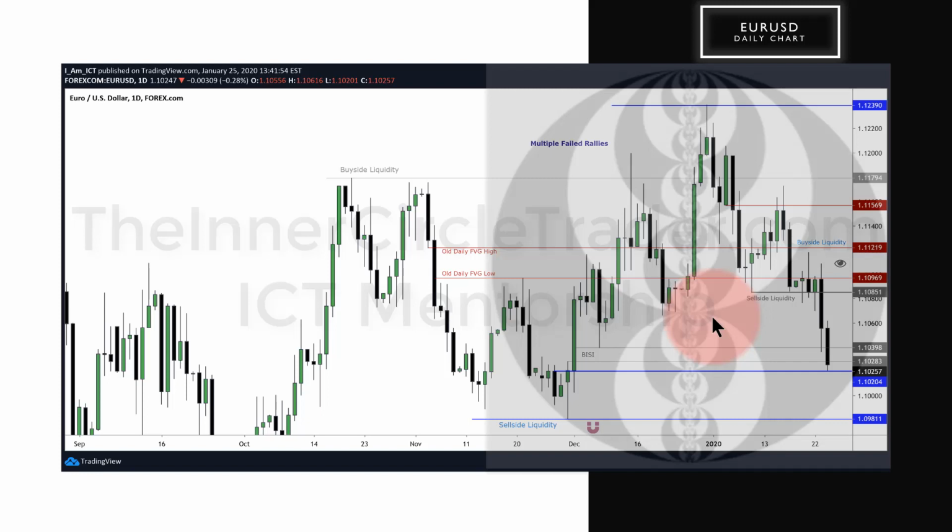So when I began to understand how price is rebalanced and seeks imbalances to be refilled or rebalanced, once that was a very clear process for me to see in price action, then it was very easy for me to go back and look at how the support and resistance theory is just nonsense.